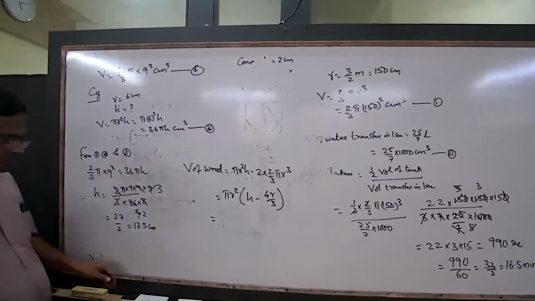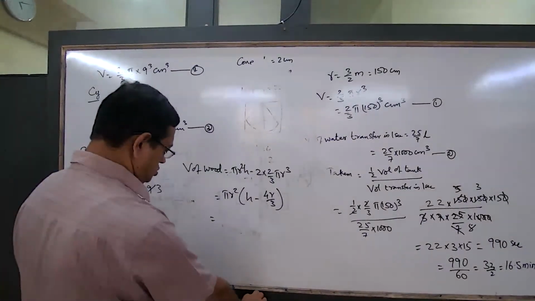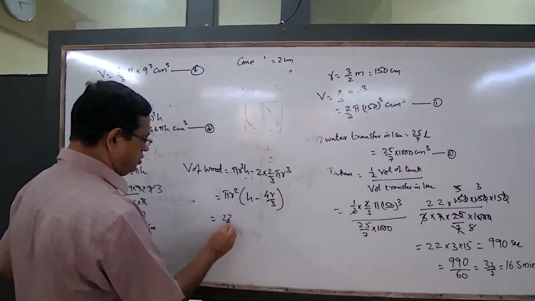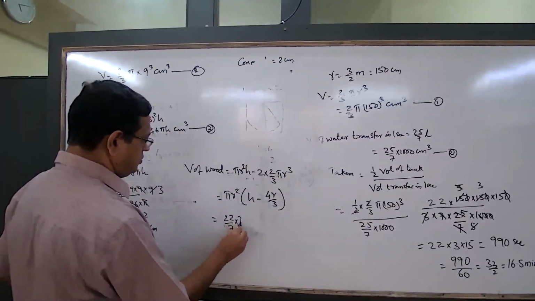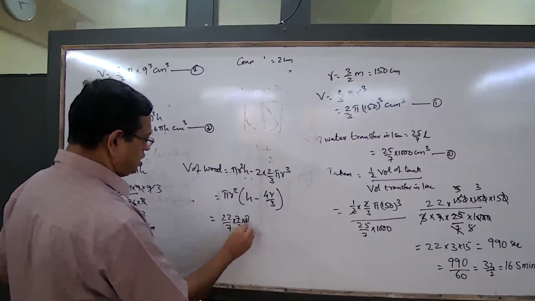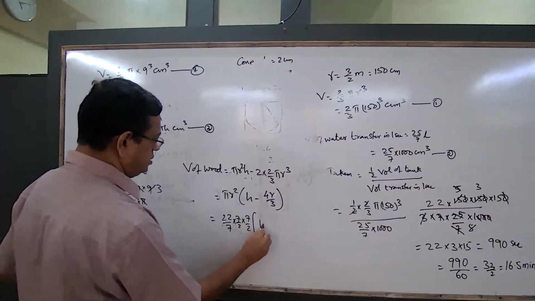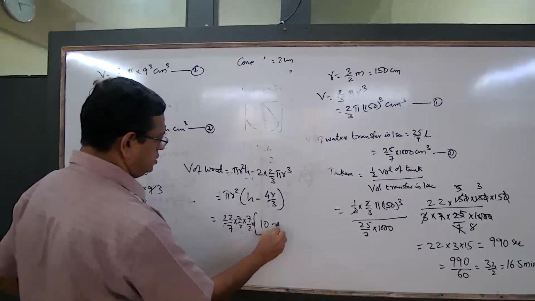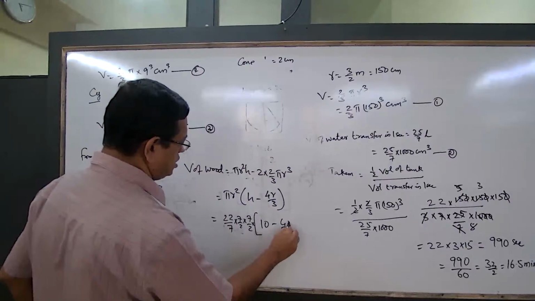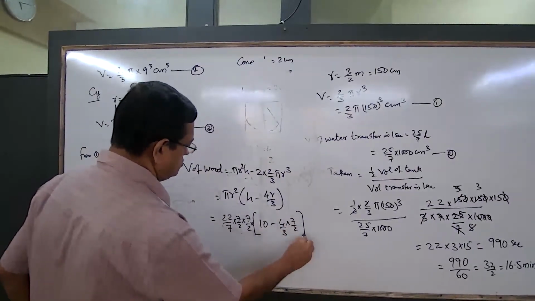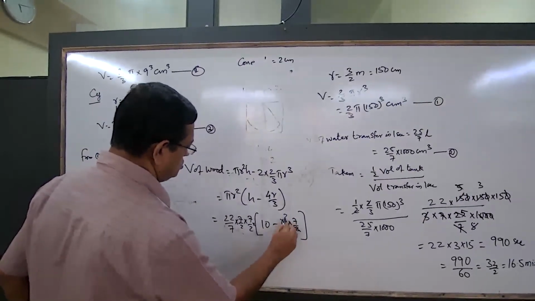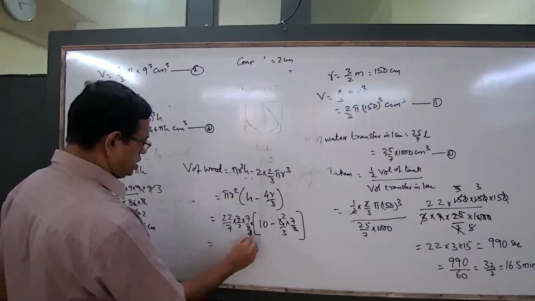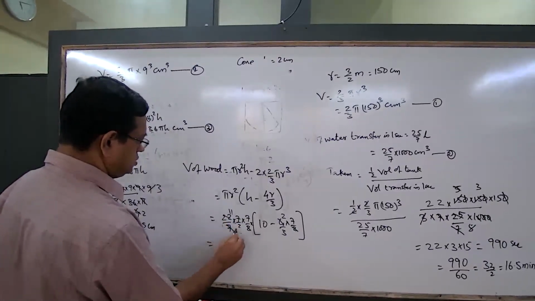Not wrong. Look. 22 by 7 into 7 by 2. How many times? 2 times. 10 minus 4 by 3 into 7 by 2. This is cancelled, the 2s are cancelled. This is cancelled, that is 11.